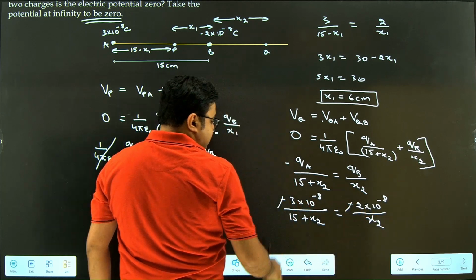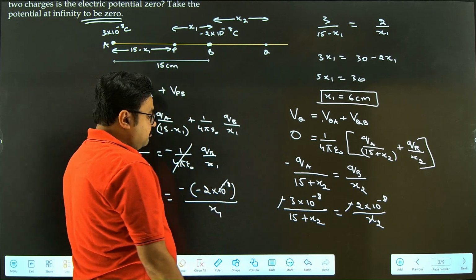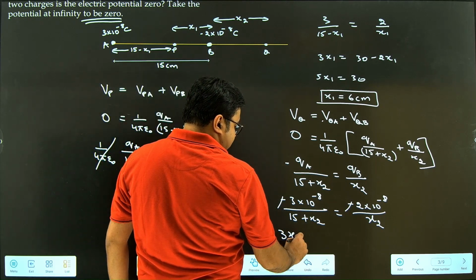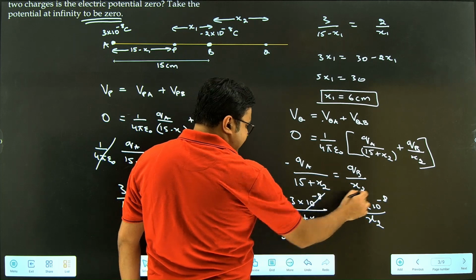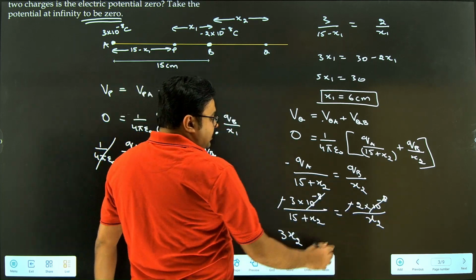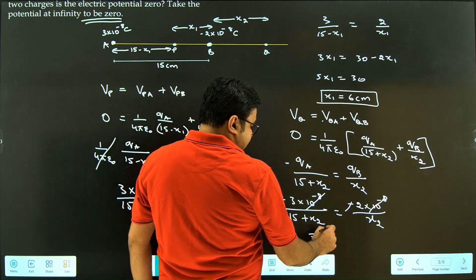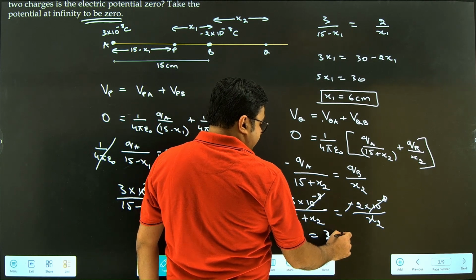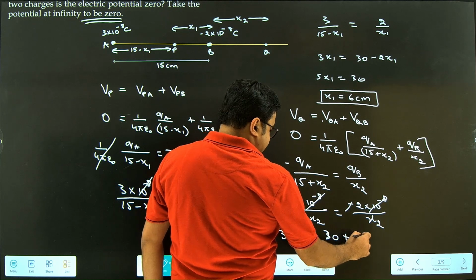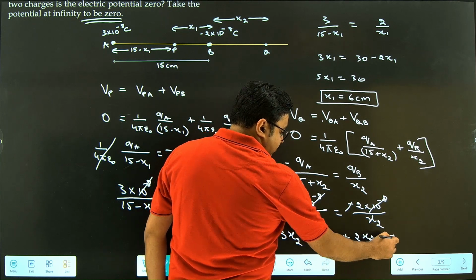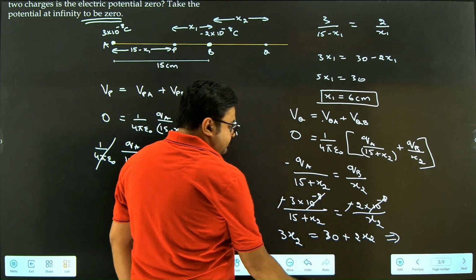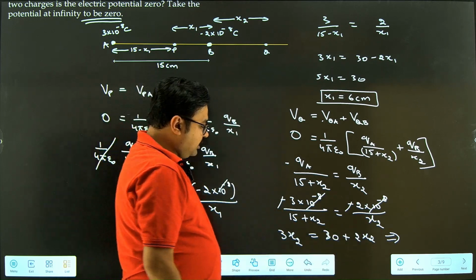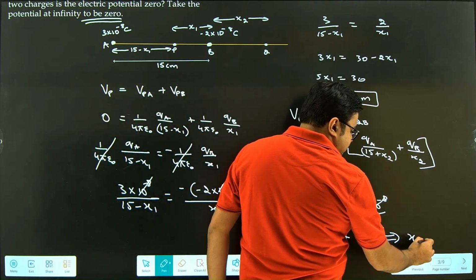I have minus and minus getting cancelled. Let's cross multiply. We have 3 into x2, and 10 power minus 8 also goes away. 3 into x2 is equal to 15 into 2, that's 30, plus 2 x2. So this simply implies that you transfer this here, and it simply becomes x2. x2 becomes 30 centimeter.